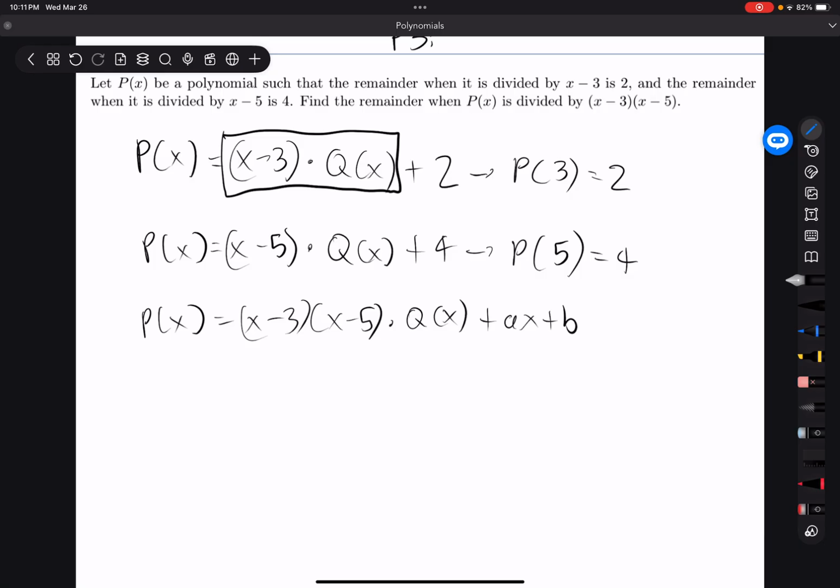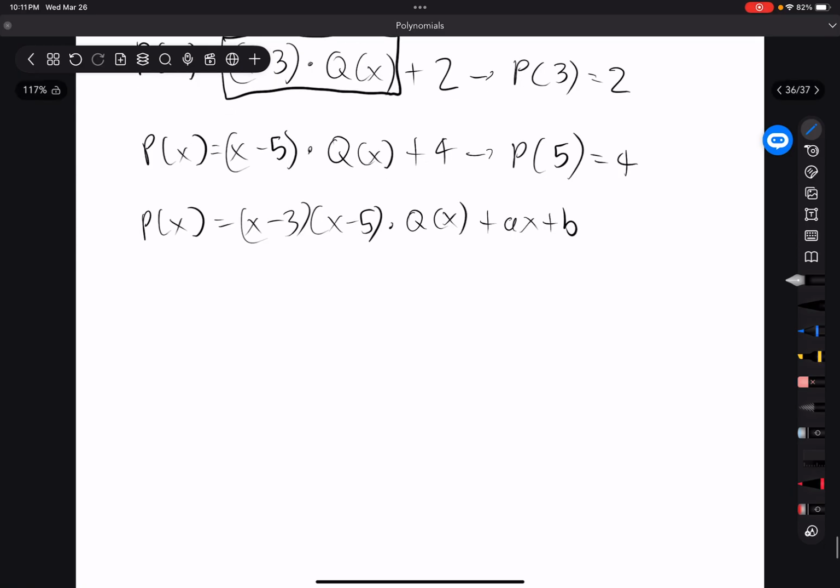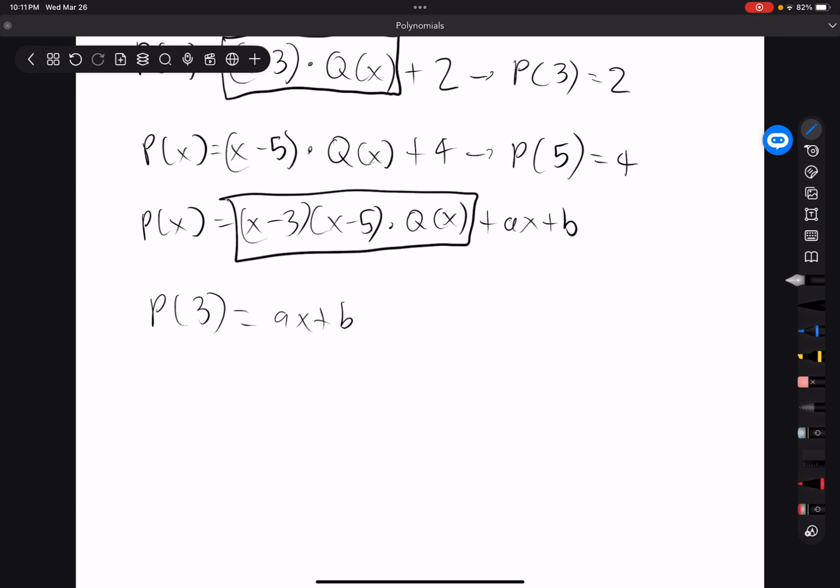So, now that we know that, let's look at our final equation. P of x equals x minus 3 times x minus 5 times q of x plus ax plus b. Now we can plug in x equal to 3. That means that p of 3 is equal to ax plus b, because the entire first term will cancel. Oh, I'm sorry, I forgot to plug in that x is also 3 here.